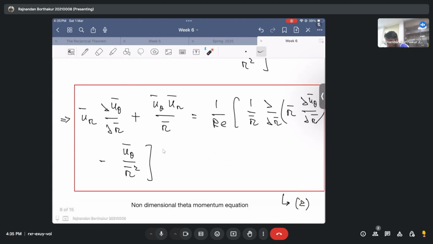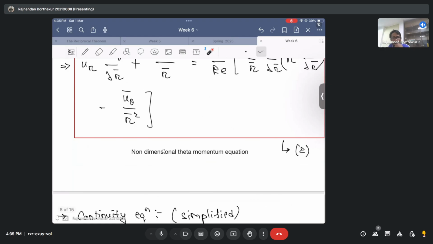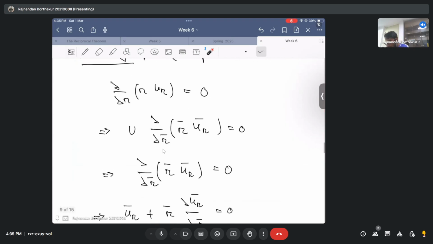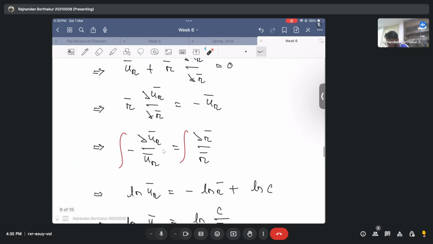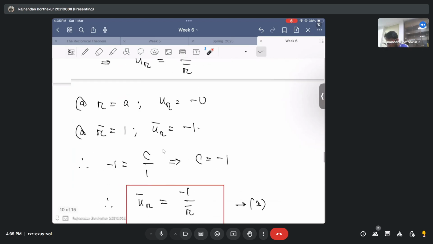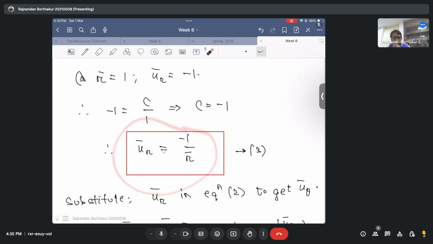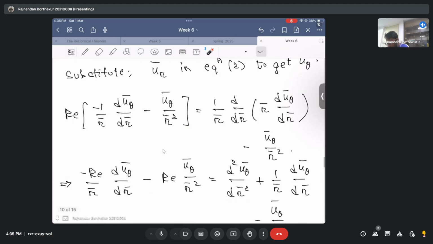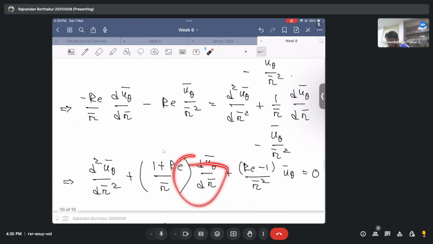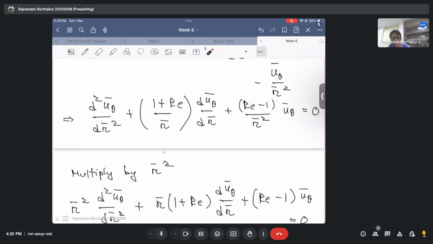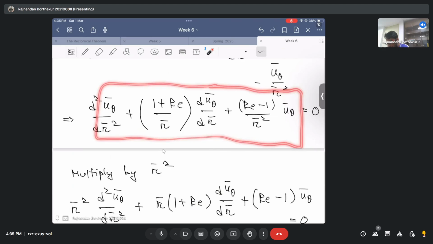And then we saw that these two equations were coupled, so the solution of one depends on the solution of the other. So we took the help of the continuity equation, and we saw that by solving it we could get the r velocity field, which is just minus 1 by r to be precise. And then we used this velocity field to get the u theta component of the velocity field by solving something known as an equidimensional equation, or an Euler-Cauchy equation.